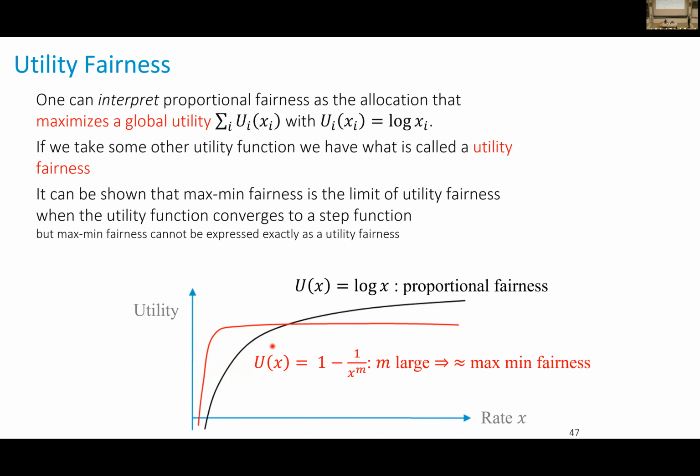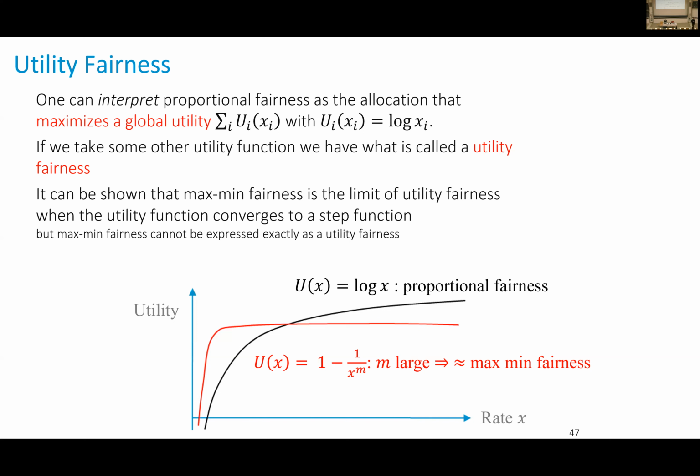Now, if you allocate rates in order to optimize this utility, rather than the red one, the proportional fairness one here, you obtain something which doesn't have a name. It's a form of utility fairness, but for m very large, it converges to the max-min fairness.